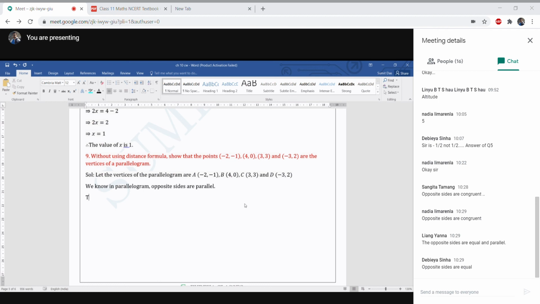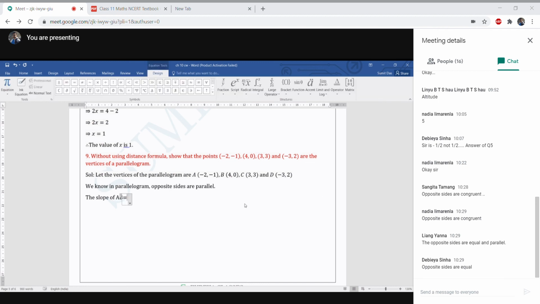So let's find out the slope of AB, BC, CD and AD. These four slopes we have to find.